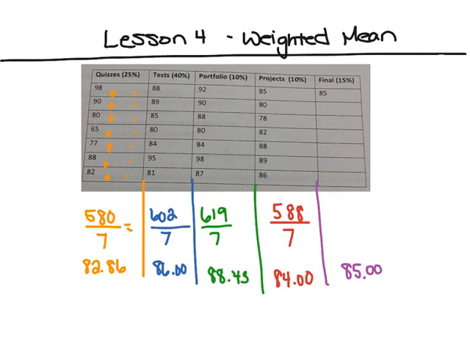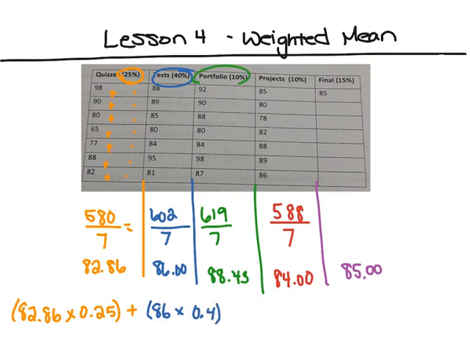So you have each of your marks for each section. Now we're going to multiply by how much they are worth. So quizzes are worth 25%, so we take 82.86 and multiply it by 0.25. Tests are worth 40%, so we take 86 and multiply it by 0.4.